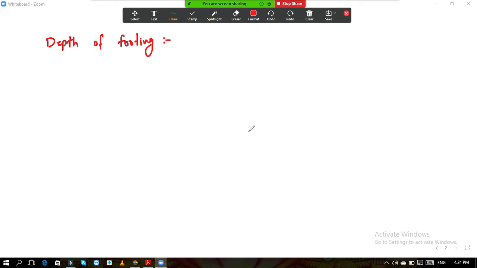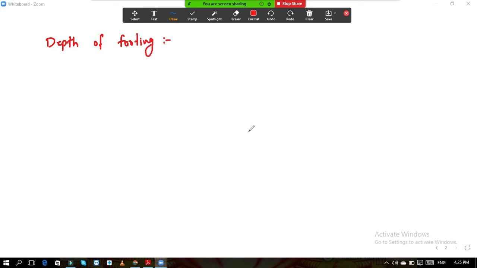The normal design procedure, if you go through the book, is that from the loading you calculate the bending moment, and after that you check that depth for two-way shear and for one-way shear. If the depth is safe for both shears, then your footing is safe. This is the normal procedure given in the book.